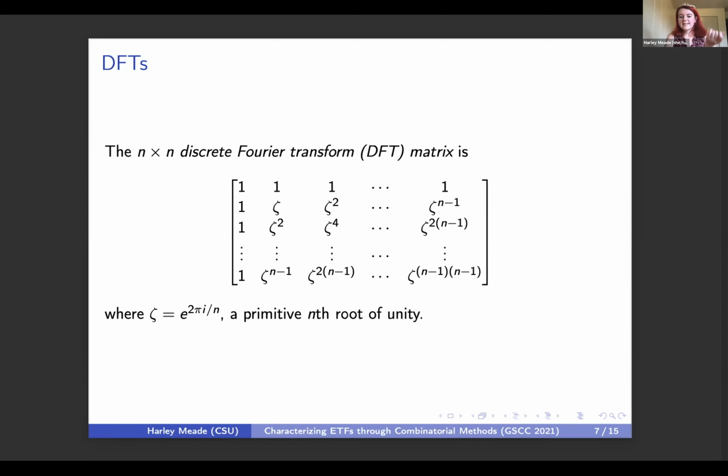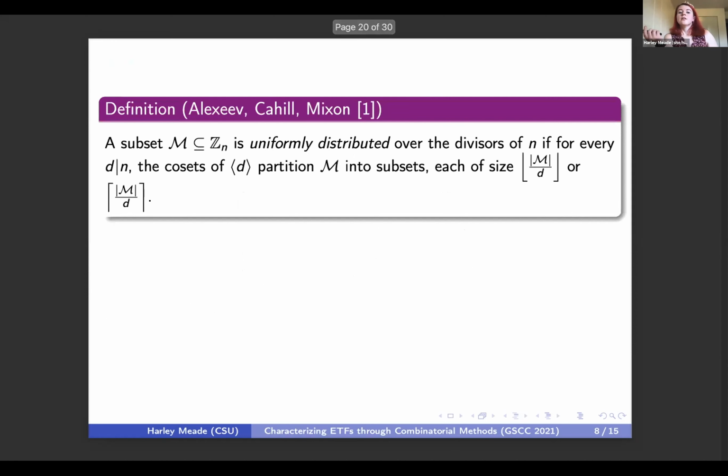But essentially, it's the powers of zeta where the 0th row is all ones, first row is zeta, zeta squared, and so on, all the way down to zeta to the n minus 1, and then powers of that. So this definition here has been the basis for what I've been doing for the past 8 months now.